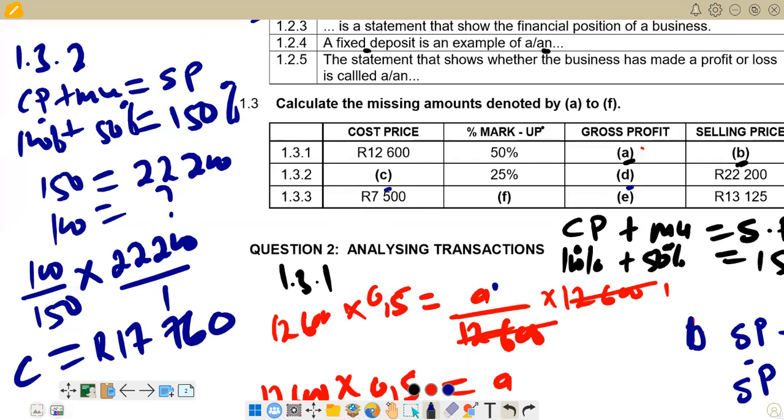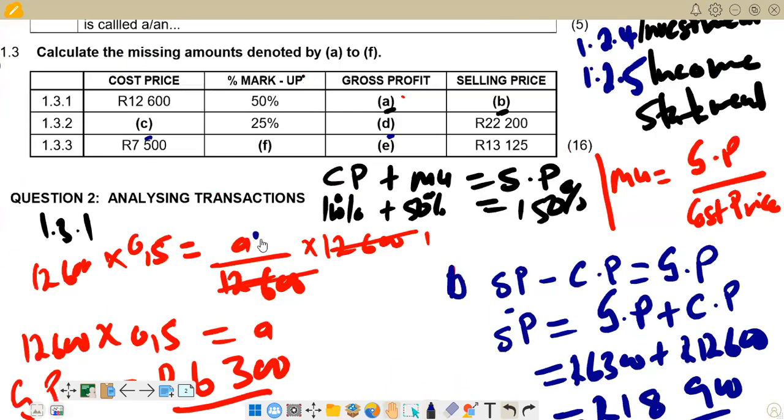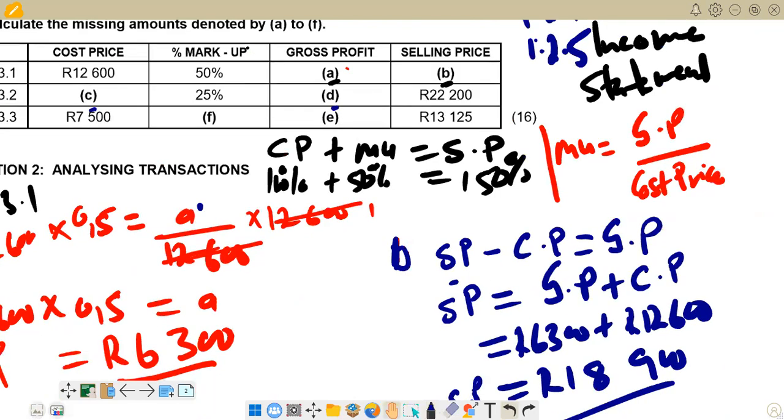If you come here, here is where we presented the gross profit formula. Gross profit is equal to selling price minus cost price. So we can just simply do that.